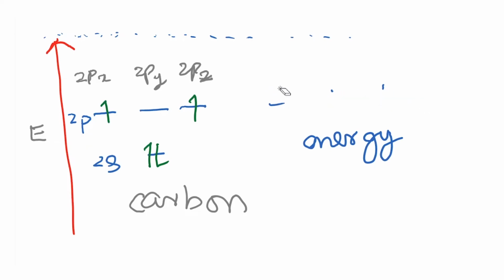Okay, now if I have to describe the similar picture for oxygen, since the electronegativity of oxygen is higher, if I'm going to draw the 2p orbitals for oxygen, it's going to be something like this.